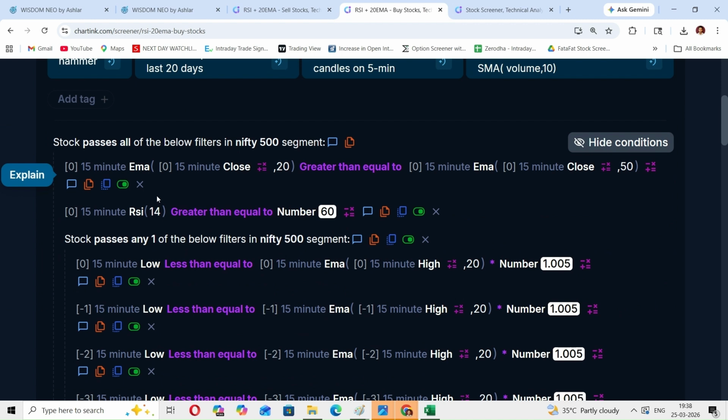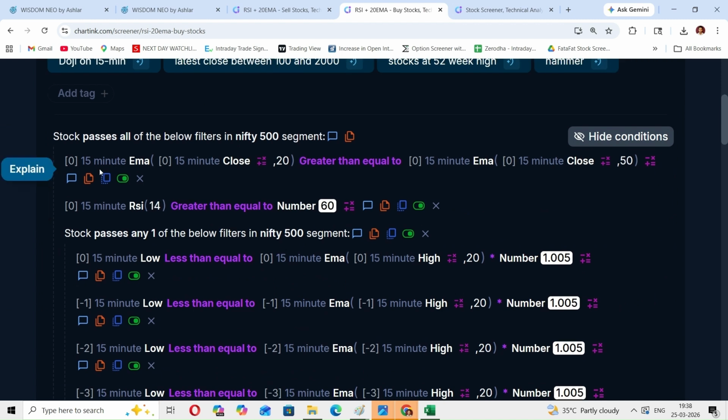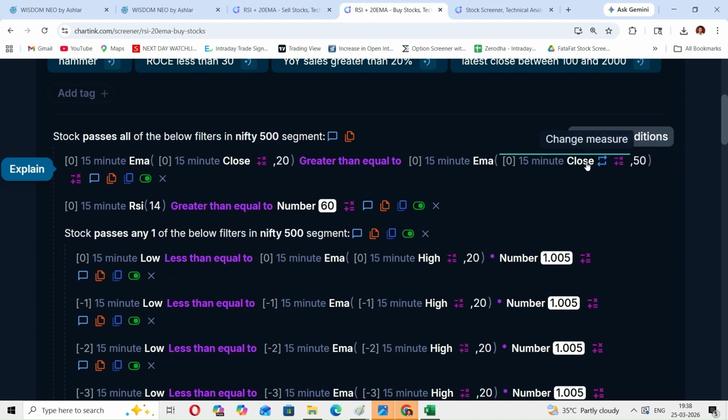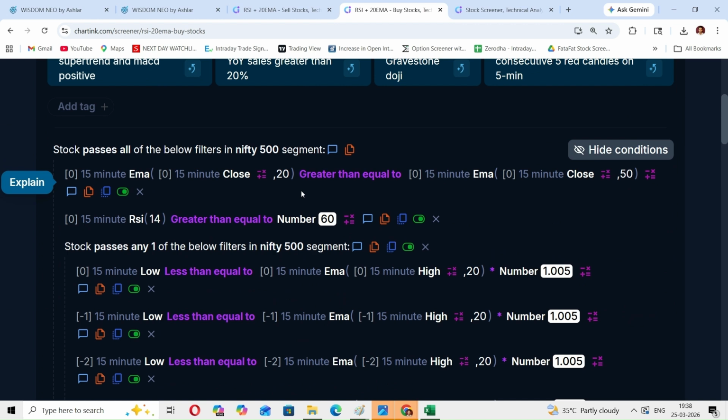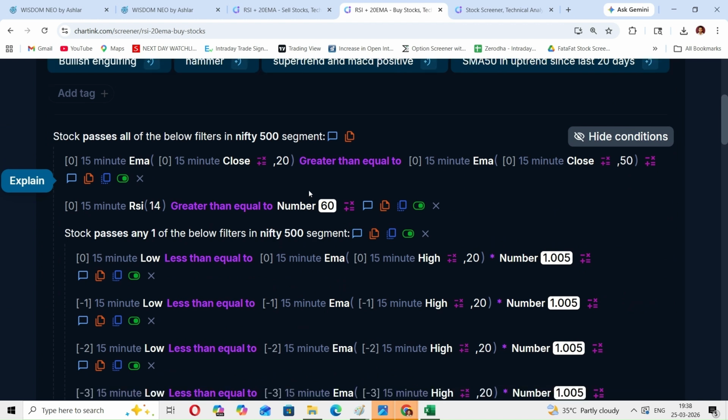Then what is our first criteria? 15-minute 20 EMA should be greater than the 15-minute 50 EMA, right? So that means all the stocks which are trending, where 20 EMA is above 50 EMA, will be considered for this particular buy scan on the 15-minute time frame.